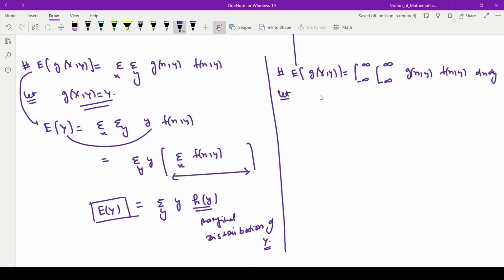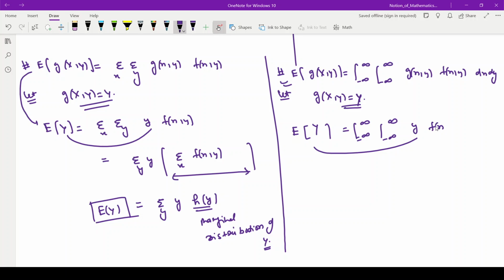The same thing we will incorporate for the continuous case. Let g(x,y) be equal to capital Y only. How can we incorporate this in the formula? Expectation of Y is minus infinity to infinity, minus infinity to infinity, of small y f(x,y) dx dy. It is written as minus infinity to infinity y dy and minus infinity to infinity f(x,y) dx.